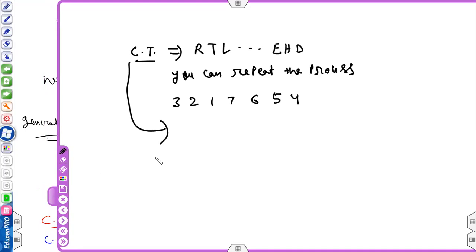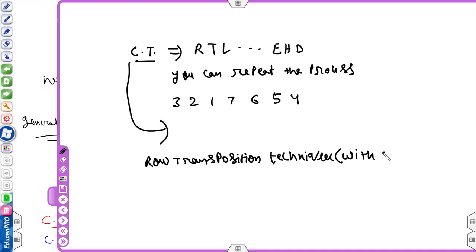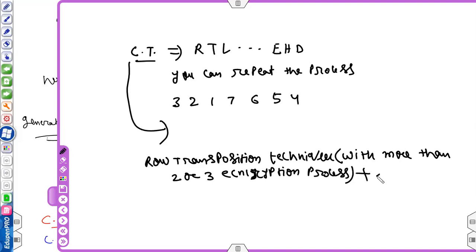If we include the row transposition technique with more than two or three encryption processes, and then we can also apply the rail fence.